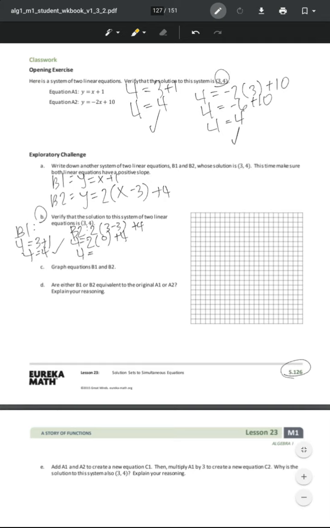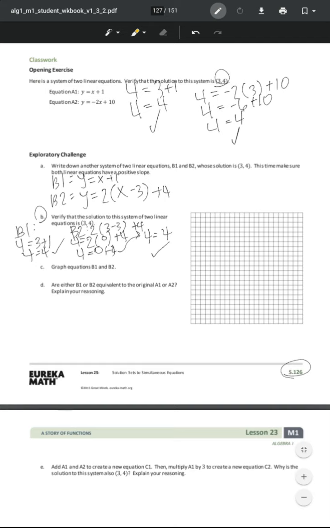So 4 equals 2 times 0, which is 0, plus 4. And then this is going to simplify to 4 equals 4. So this shows us that even though we changed B2 to have a positive slope, it still shows that (3, 4) is a solution.